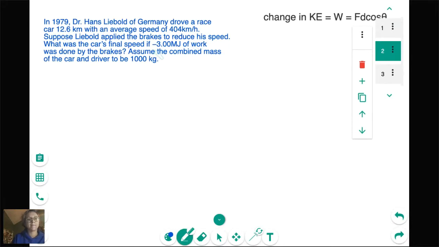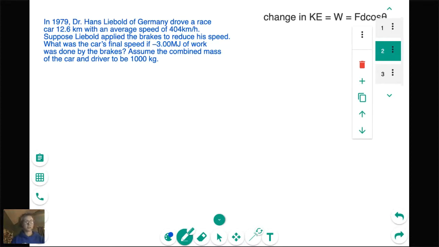So notice that we have negative work being done here, which means that the direction of the displacement and the direction of the force are opposite to each other. That force is not acting to increase the kinetic energy, it's acting to decrease the kinetic energy.